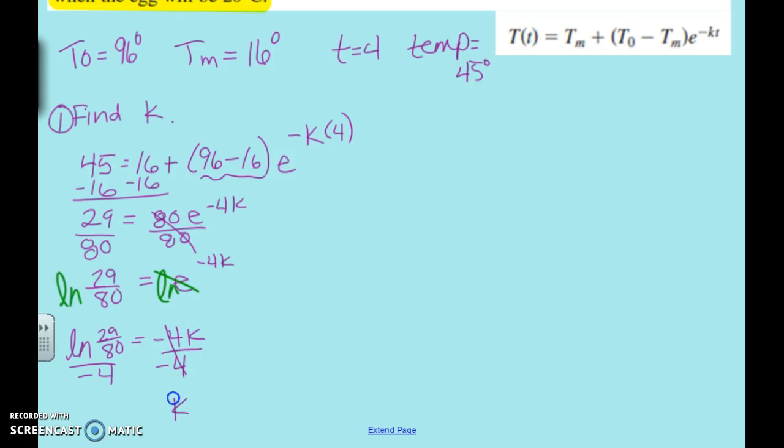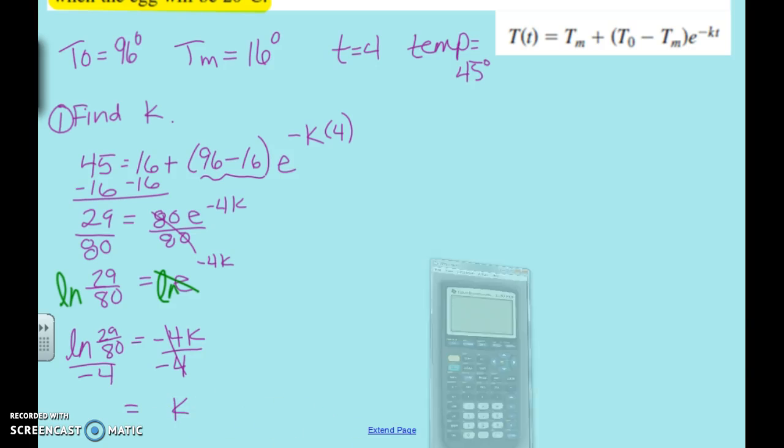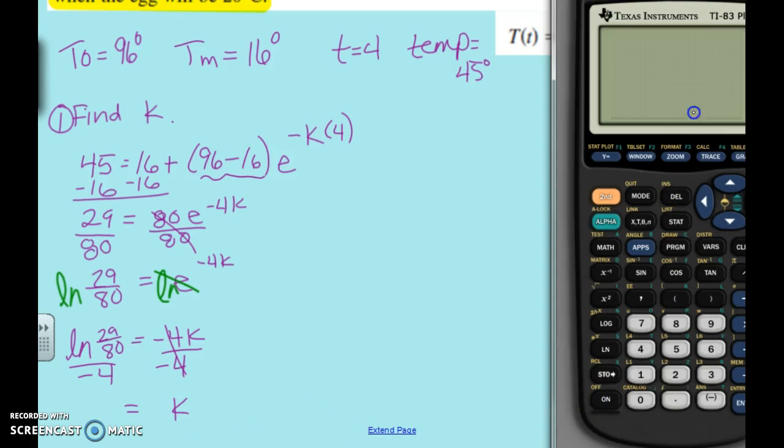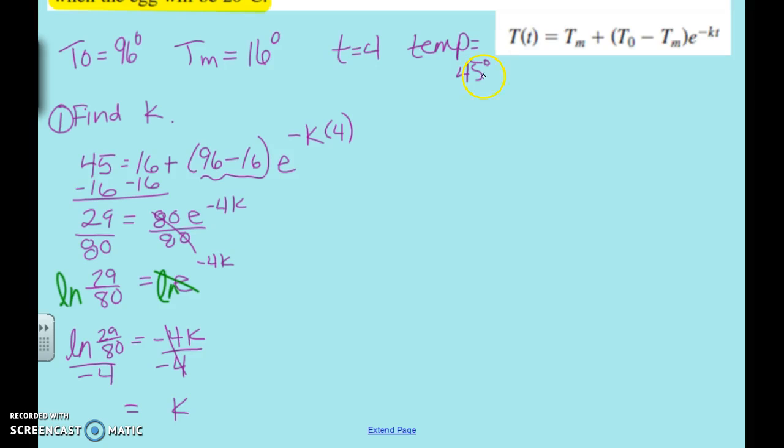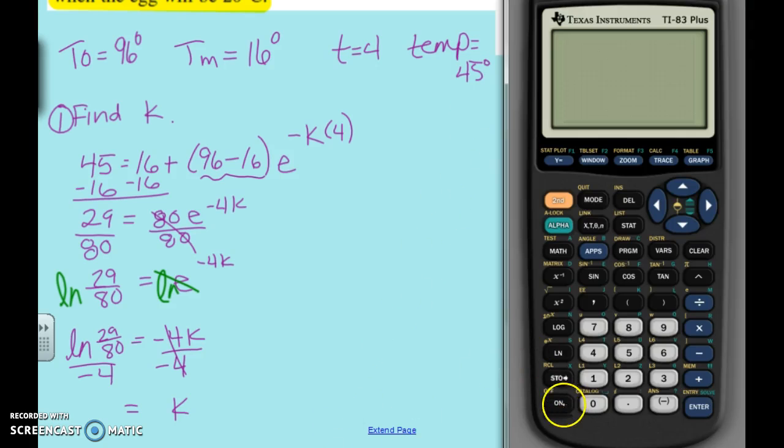And now I can type this into my calculator all at once. Natural log of 29 divided by 80. I can go ahead and grab my calculator here. Turning it on, we can go natural log of 29 divided by 80.